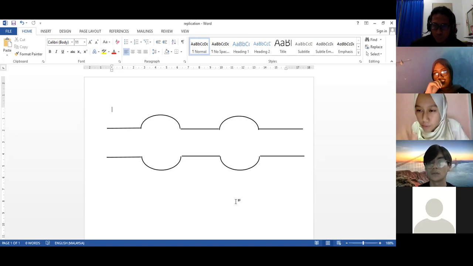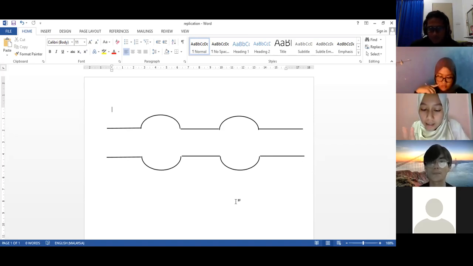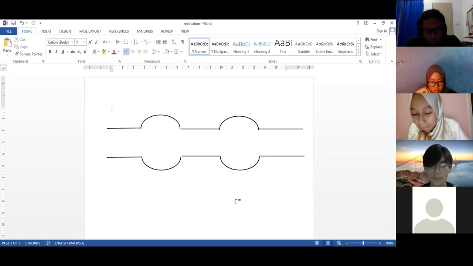Do we need to put the DnaB, the DNA helicase, and then the DnaC? Do we need to label it? I didn't do that. I only put the 5', 3', the lagging strand and the leading strand.